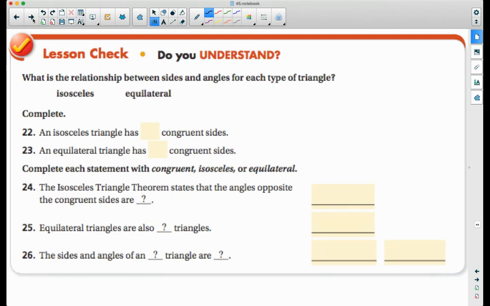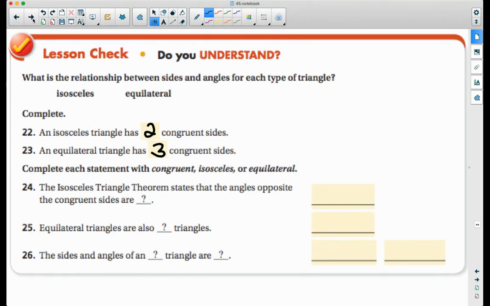Let's take a look. What is the relationship between the sides and angles of each type of triangle, isosceles and equilateral? Number 22. An isosceles triangle has 2 congruent sides. An equilateral triangle has 3 congruent sides. Complete each statement with congruent, isosceles, or equilateral.